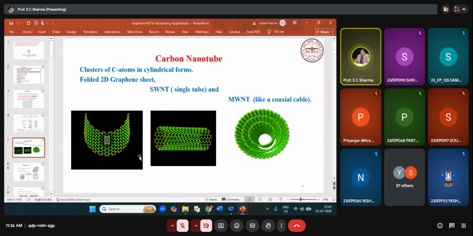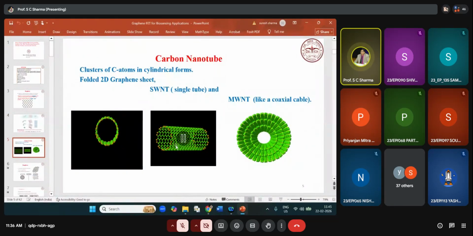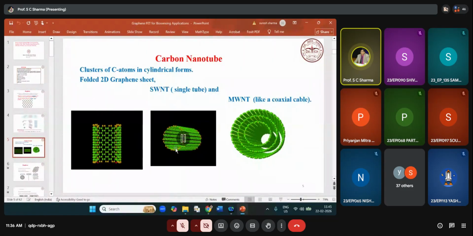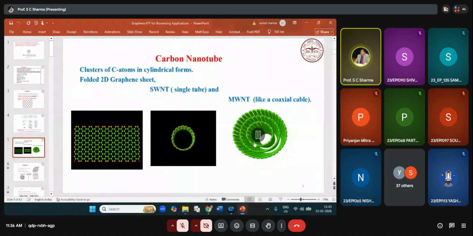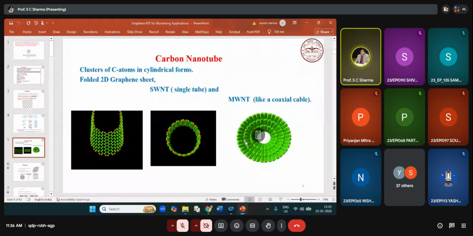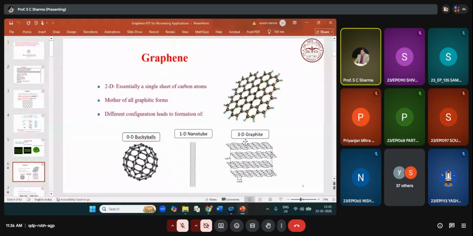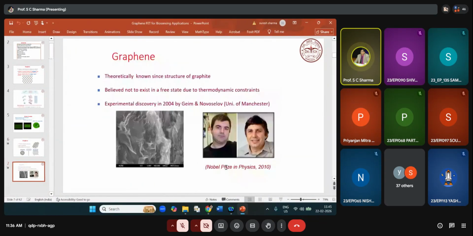So this is 2D graphene. You can roll it up into a single wall nanotube, or a multi-wall nanotube, which is coaxial. So a single sheet of carbon atoms in graphitic form, in different configurations, leads to the formation of buckyballs, nanotubes, and graphite.